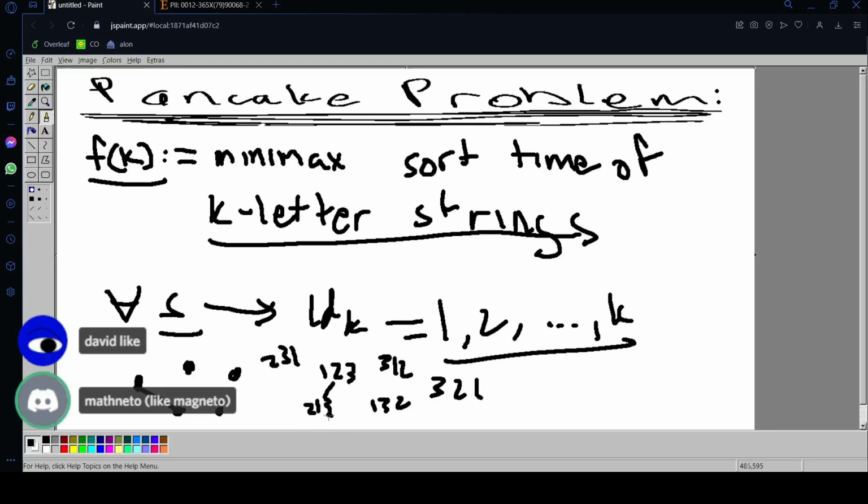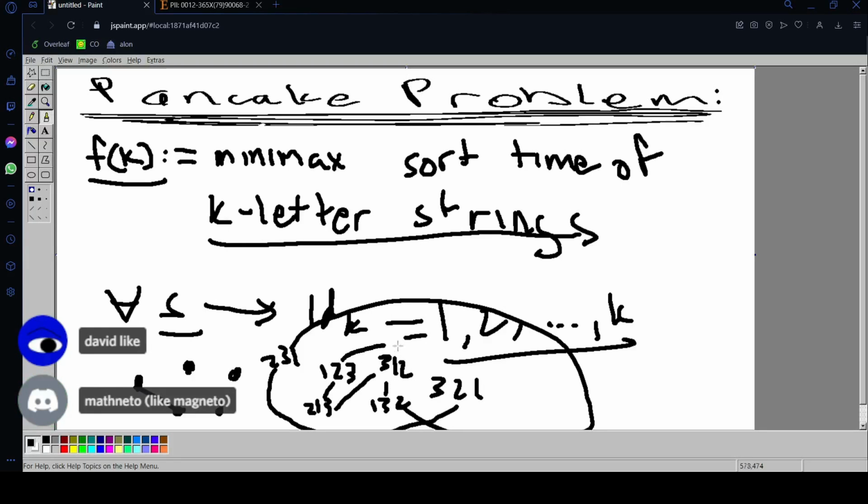So here we reverse the first 2 letters, we go from there to there. By reversing all the letters, we go from there to there. And you can continue to do this: by reversing 2, we get to there, by reversing 3, we get to there, and then 1, 3, 2 and 3, 2, 1.